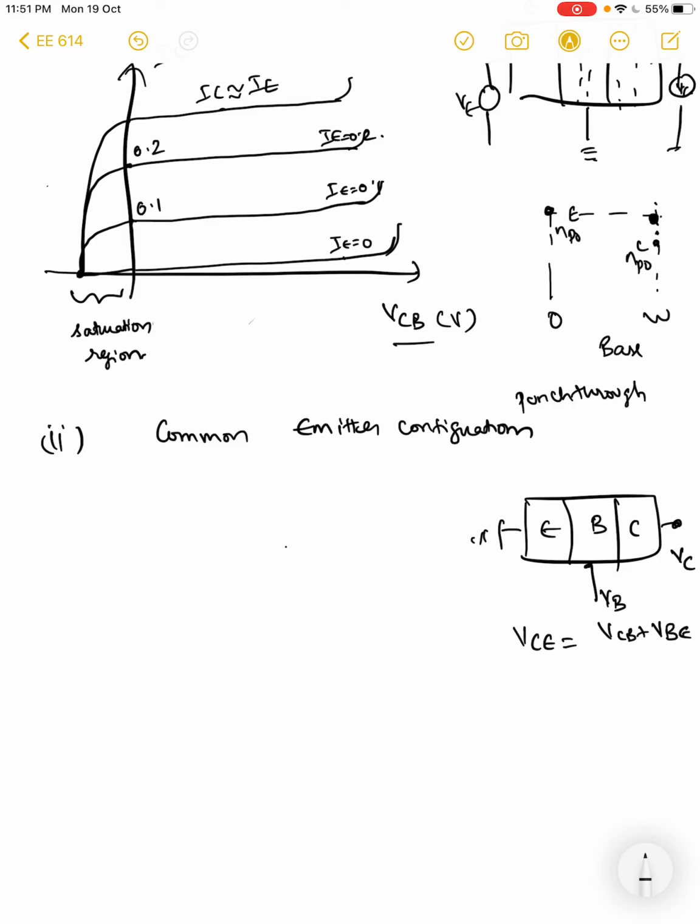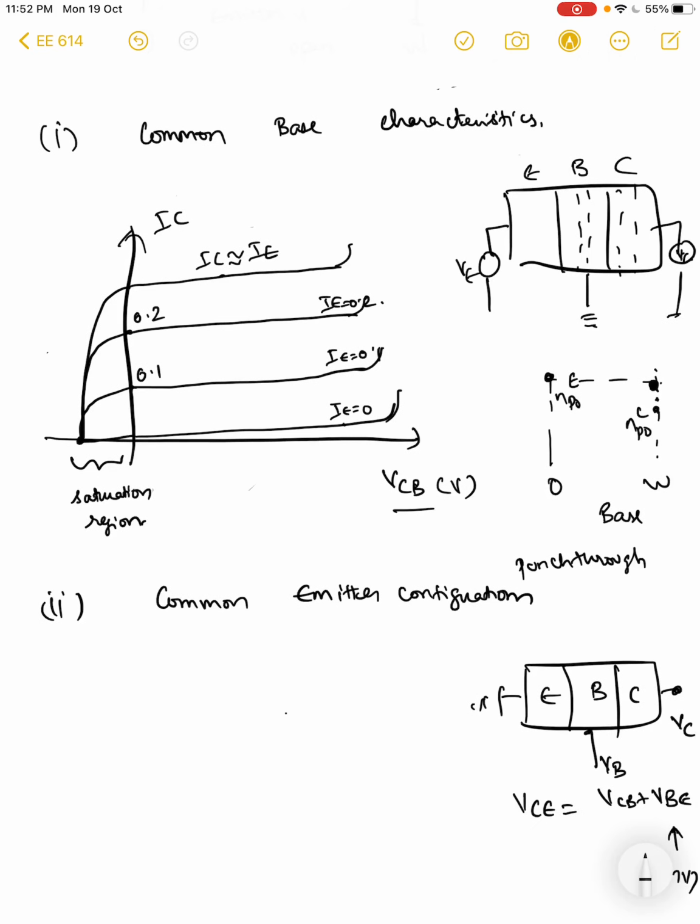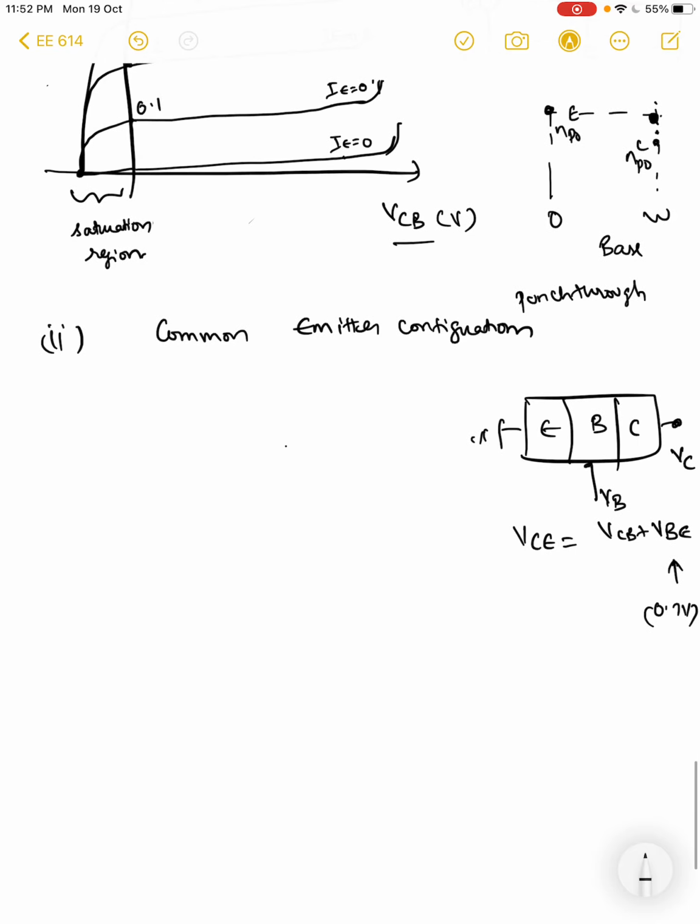And when VBE is forward biased, you have a VBE value which is very small. For a silicon diode, we know that at forward bias it's about 0.7 volts, right? So most of the VCE that we apply drops directly across VCB, basically increasing the reverse bias in the base collector junction. A typical common emitter configuration looks like this.